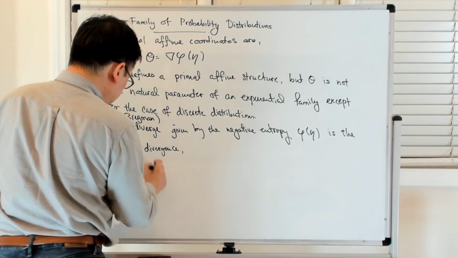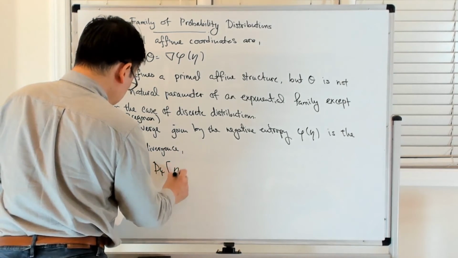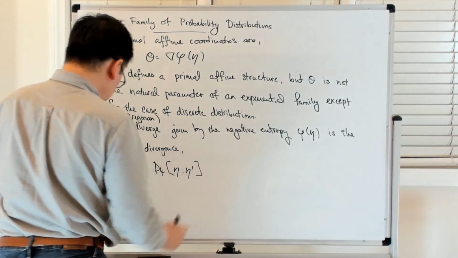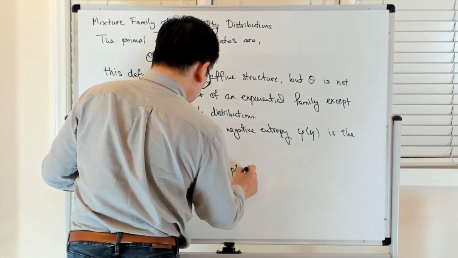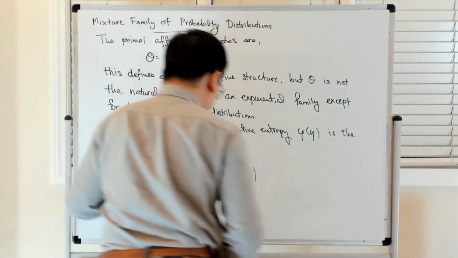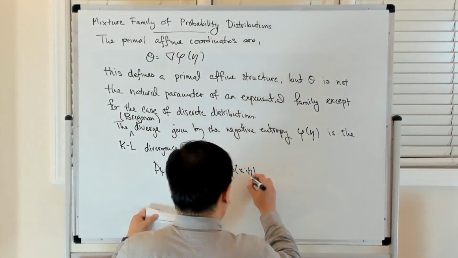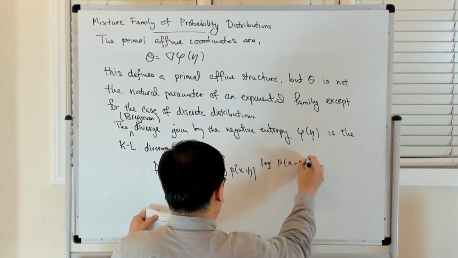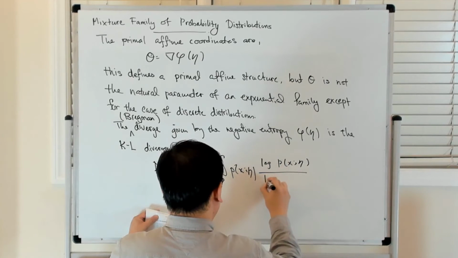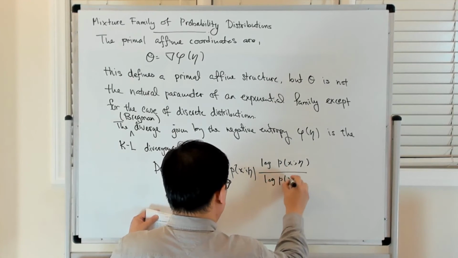So this is equal to the integral of the probability times log of the probability distribution divided by the other probability distribution.